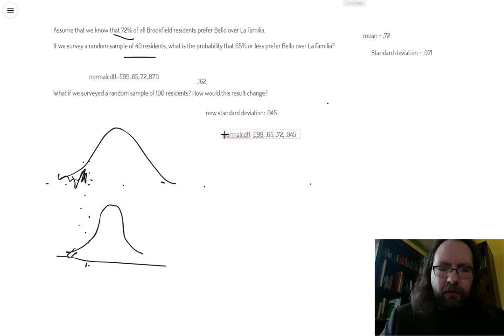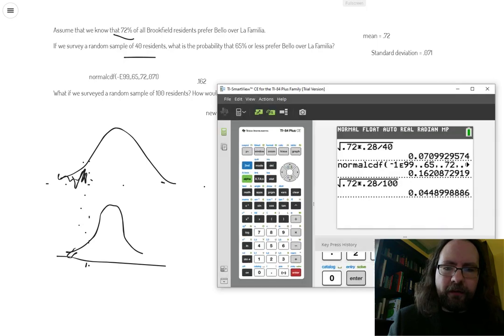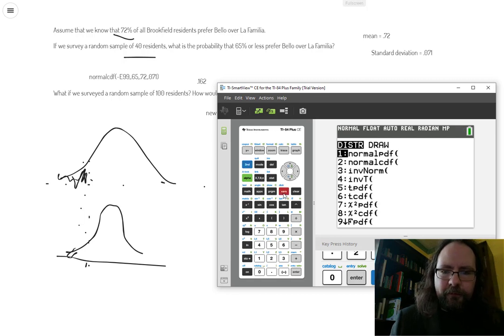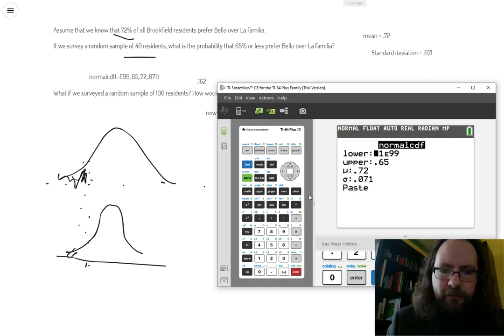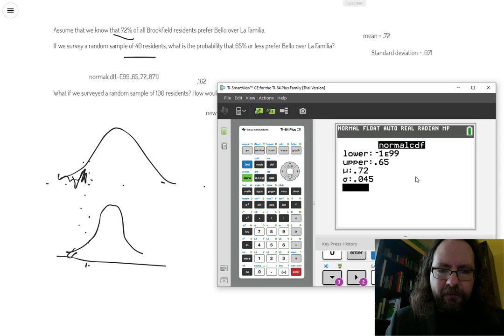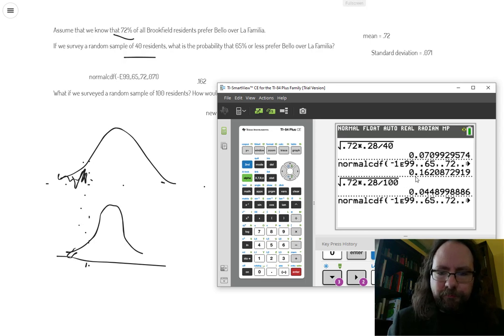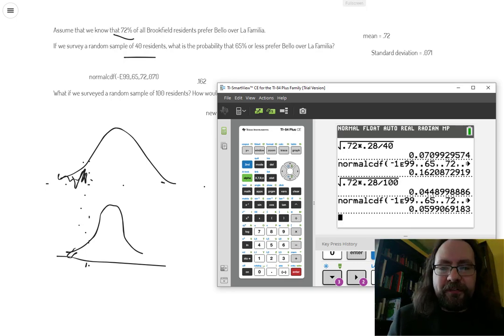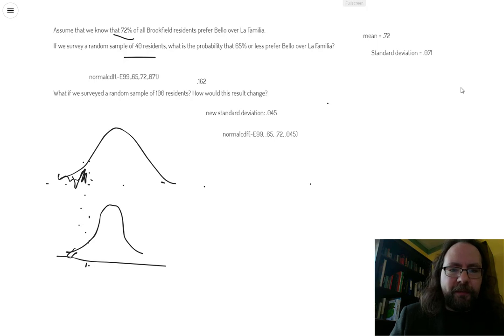So I would expect this to be a smaller percentage. Let's actually use our calculators and get the result here. So my normal CDF, and this is the only thing that has to change, 0.045. Paste that. And our percentage went from 16.2% to just about 6%. So our new probability is about 0.06.